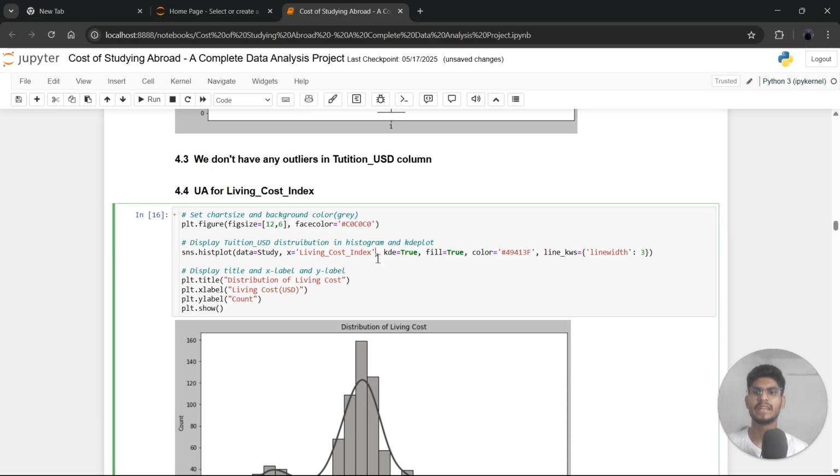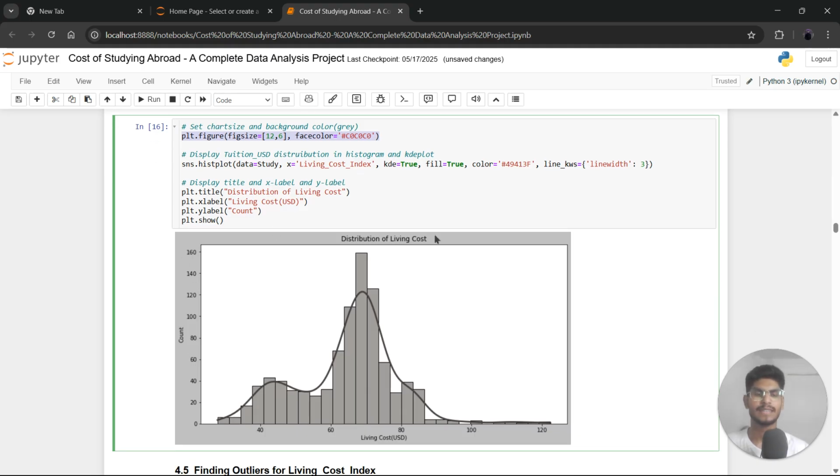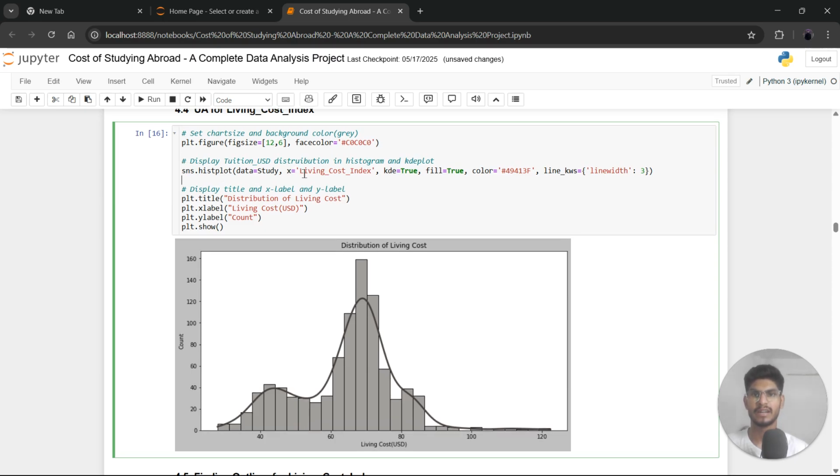So we are identifying the distribution, that is, how the values are falling within the data set. I have already told you this is the line which is being used to fix the size of the graph. Now we are again using seaborn dot histplot. We are using a different column right here. X is equal to living cost index.